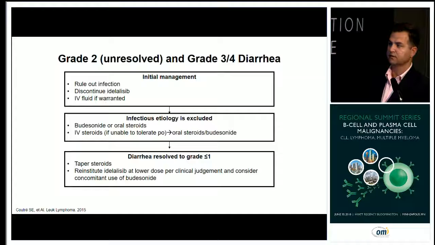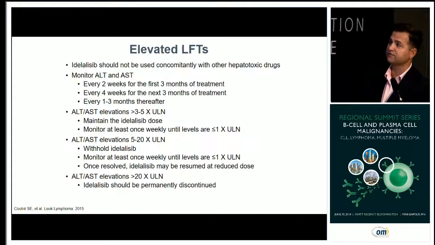I think that's something that can be better investigated in the clinical trials that are ongoing with PI3 kinase. And then elevated LFTs, and this comes again out of the idelalisib experience, but has been in some ways boilerplated into further PI3 kinase inhibitor studies using the knowledge that was learned.